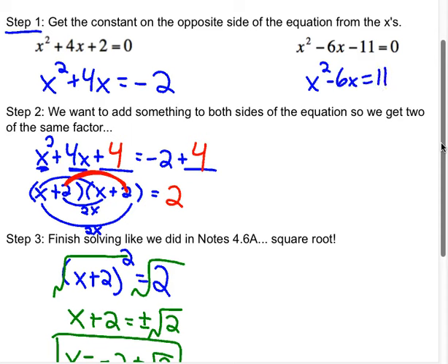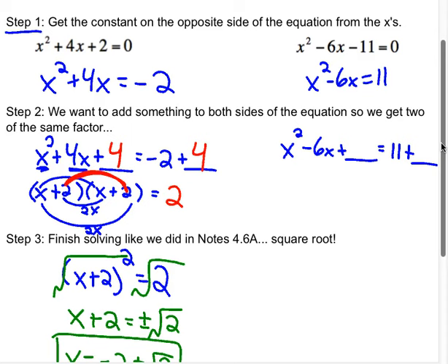Get that constant by itself, get it out of the way, because now what we really want to do is see how can I force this to be a perfect square trinomial? What can I add to both sides so this will be able to be factored as a perfect square trinomial?